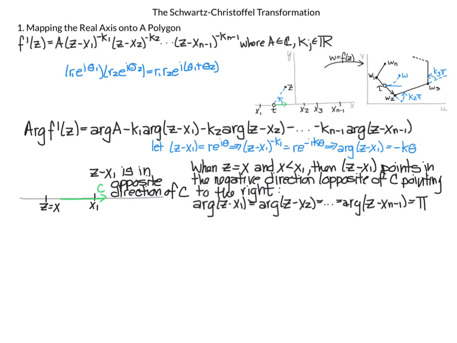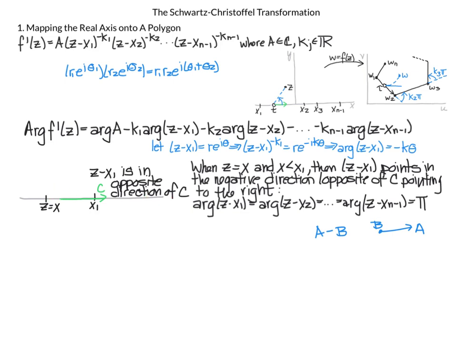Remember, when you have vector a minus b, b is your starting point, a is your ending point. So if z is to the left of x1, and you're starting at x1, and then you're going to z, you're pointing in the negative direction.